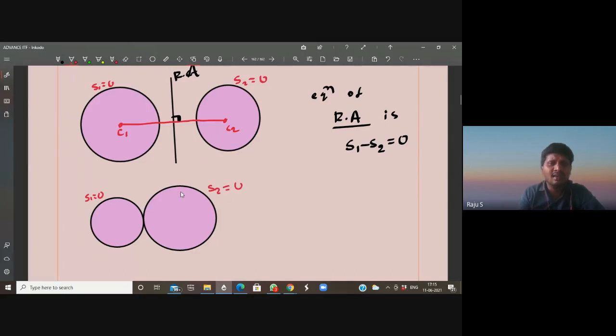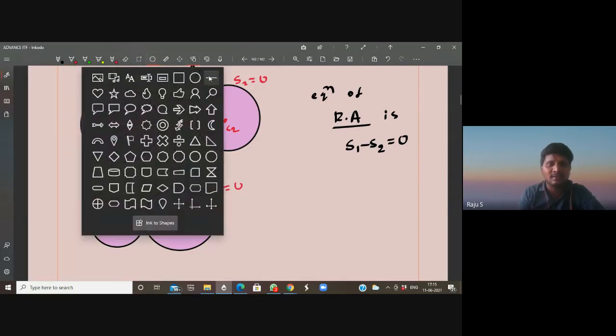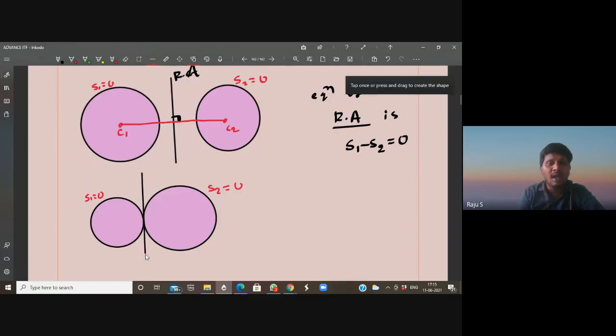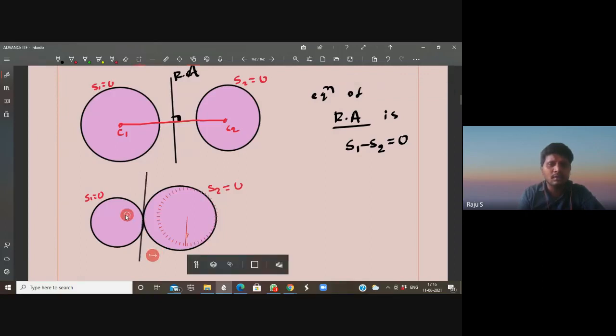Then what is the radical axis? The radical axis is given by the common tangent. Is it clear? This is the common tangent; the common tangent will give the radical axis.